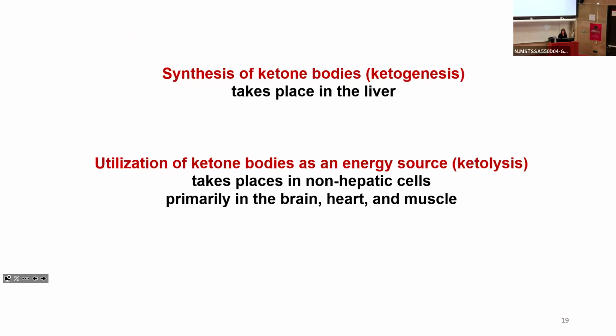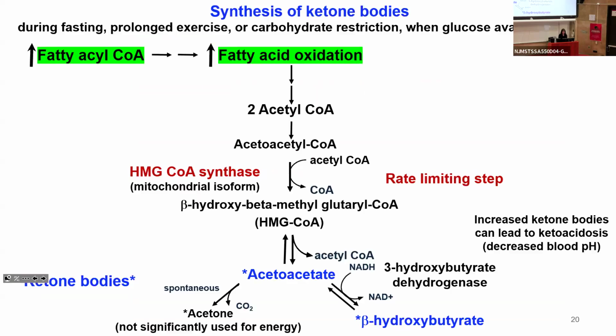What about this ketone body business, ketogenesis? This takes place only in the liver. So what you need for ketogenesis is that you have to have a lot of fatty acid oxidation, the generation of acetyl-CoA. All right. So if you have an abundance of acetyl-CoA, let's say the TCA cycle can't keep up with the amount of fats you're oxidizing, then it will funnel it toward ketogenesis.